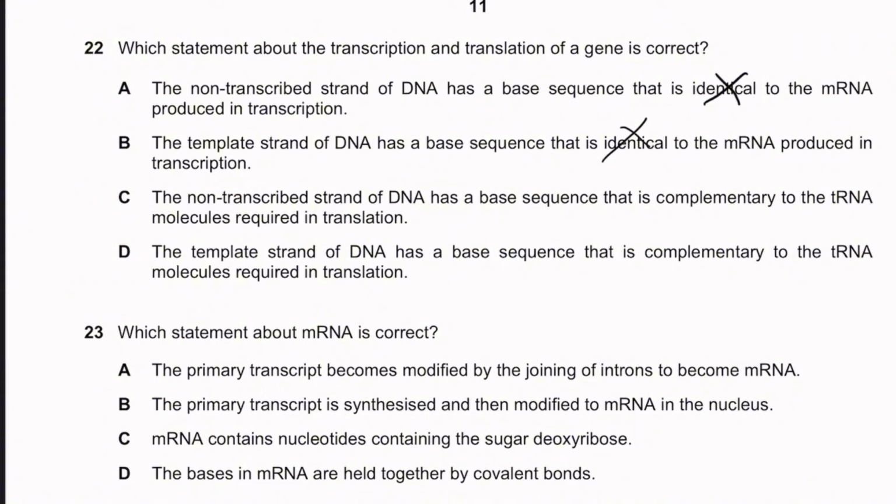That is actually true because let's draw DNA over here. So we have the coding strand and we have the template strand. mRNA is going to come here and form something that's complementary to the template. Now the coding strand is complementary to the template strand.